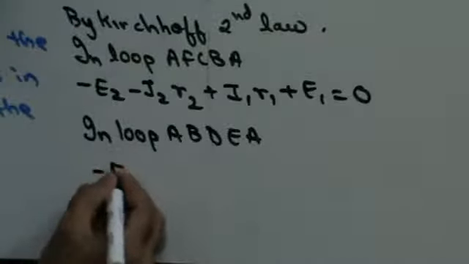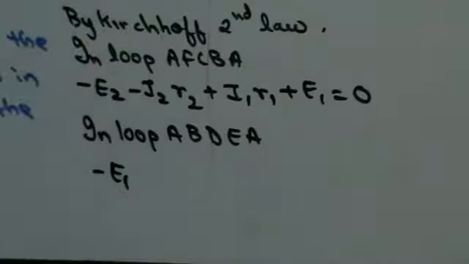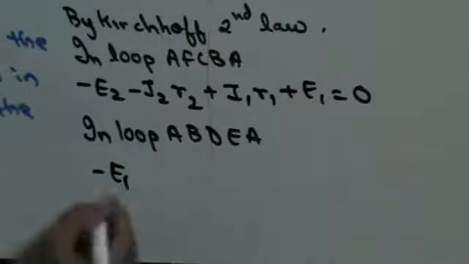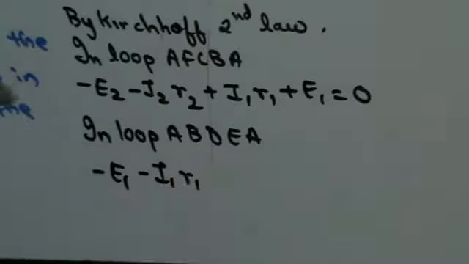Therefore EMF will be treated as negative. Current is leaving node A, therefore it will be treated as negative. So minus I1 R1.